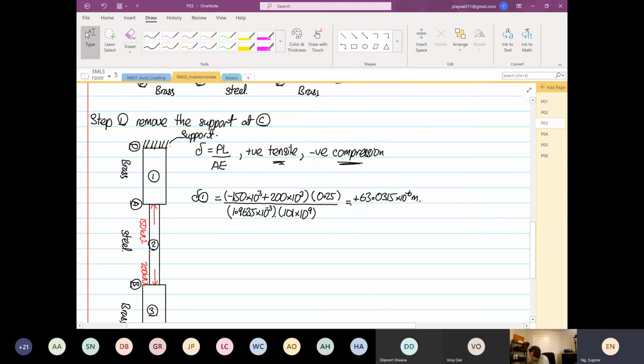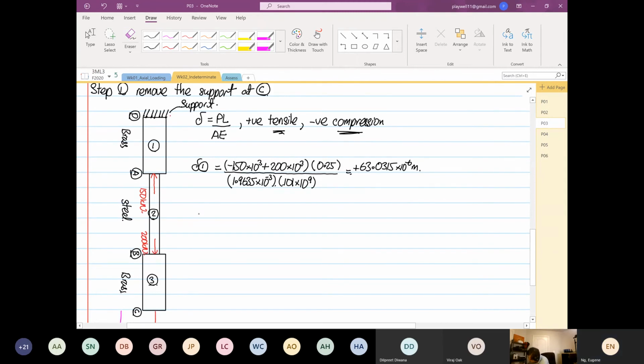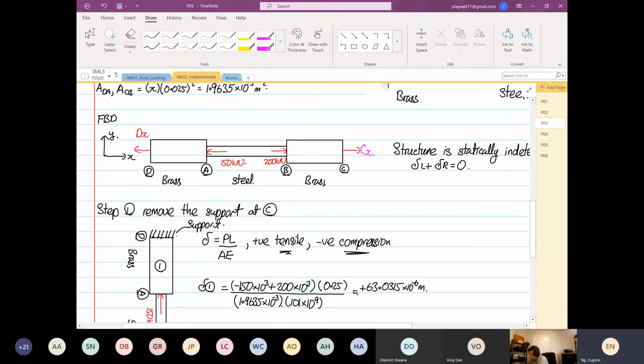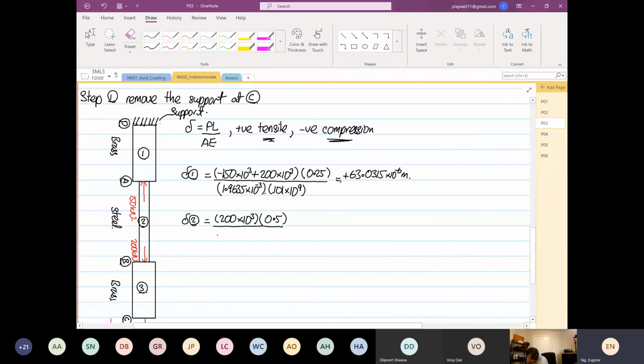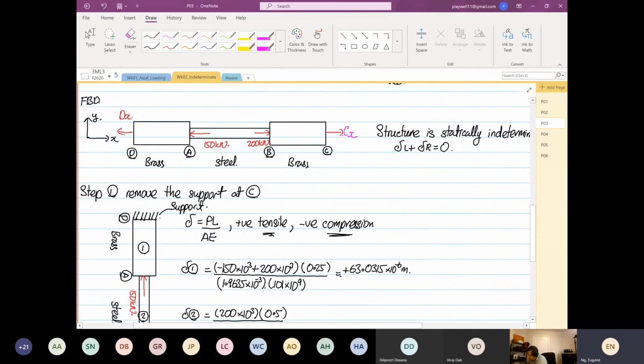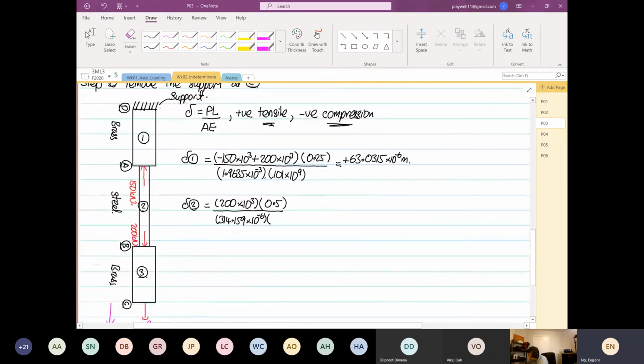Then section 2. Section 2 will not feel the 150, but will feel the tensile of 200. So 200 times 10 to the power 3, multiplied by the length, which over here is 0.5. Divide by the cross-sectional area, which is different now: 314.159 times 10 to the power minus 6, divided by 200 times 10 to the power 9.